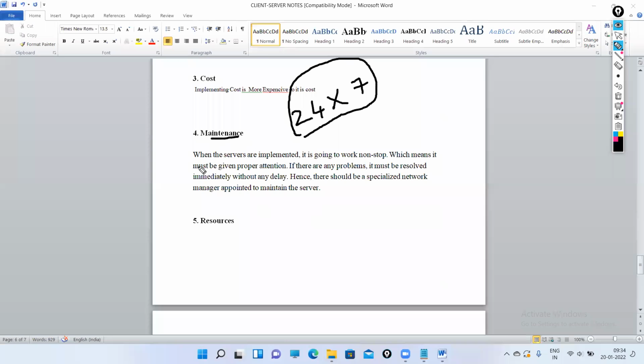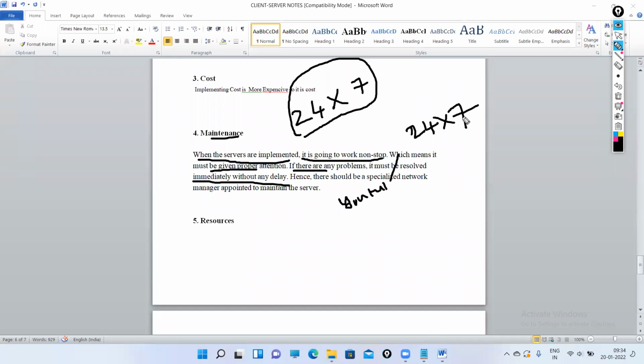Maintenance means what, madam? When the servers are implemented, they are going to work non-stop, which means they must be given proper attention. If there are any problems, they must be resolved immediately without any delay. For example, everyone is using YouTube. That YouTube server runs 24 by 7.